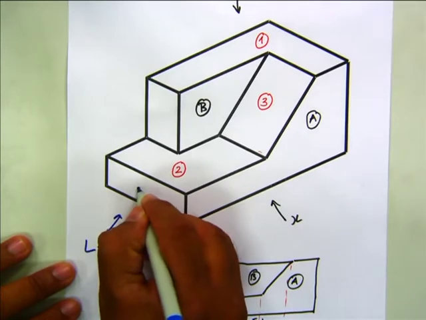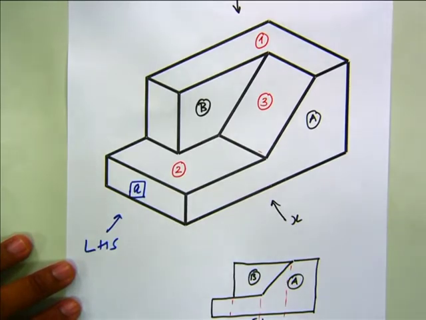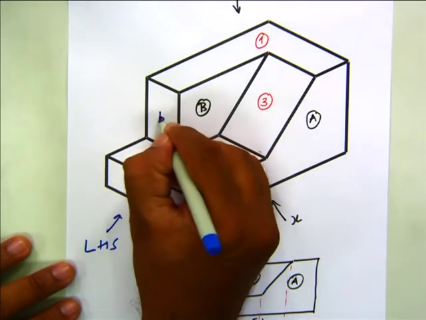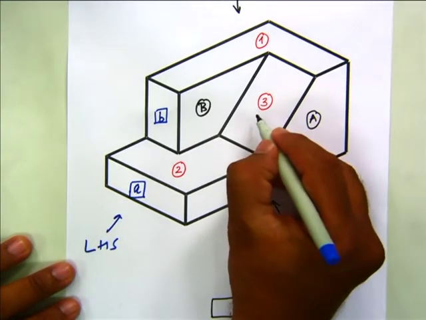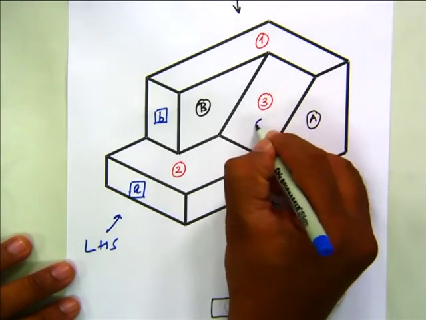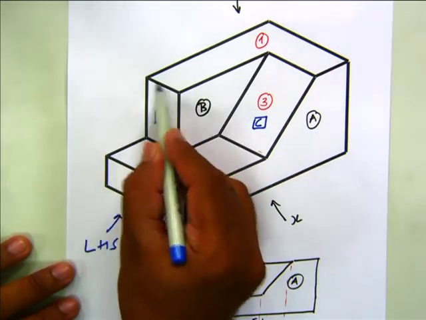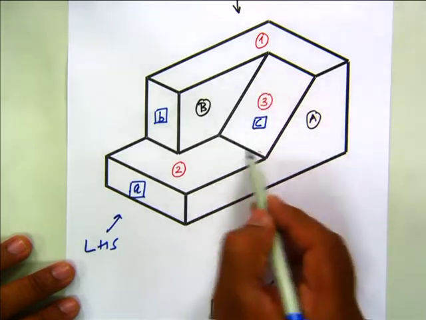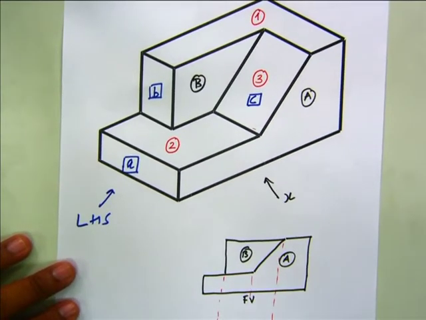You can see a small A face, this B face, and this C face.